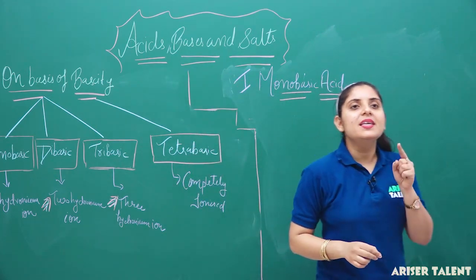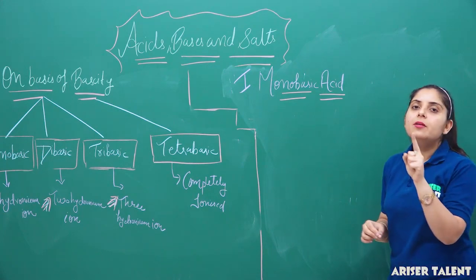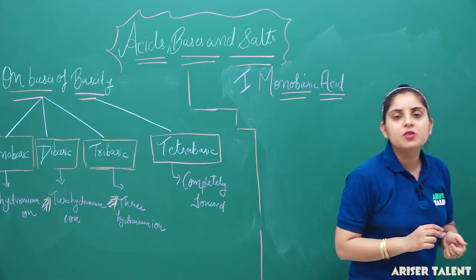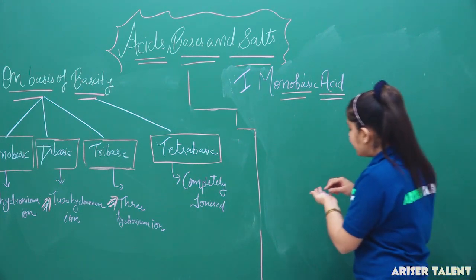So monobasic acids give one hydronium ion when 1 mole of the acid is dissolved in the aqueous solution.